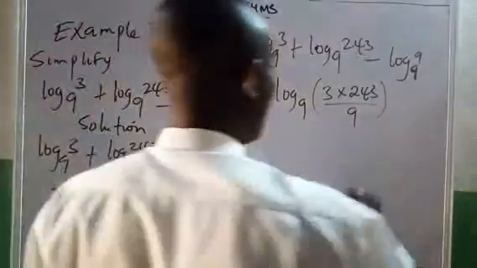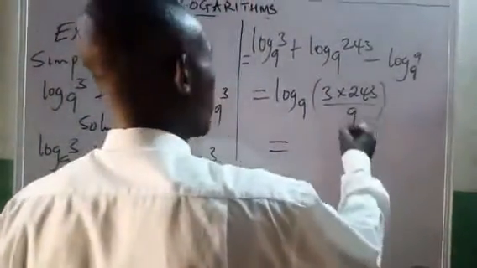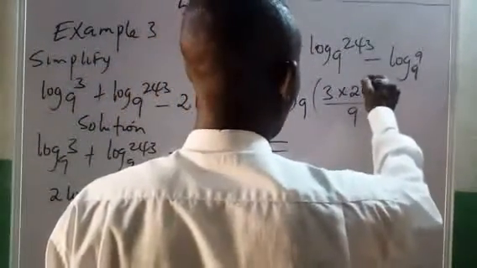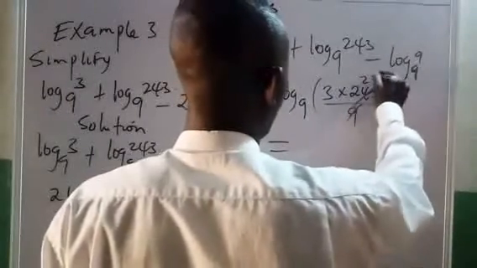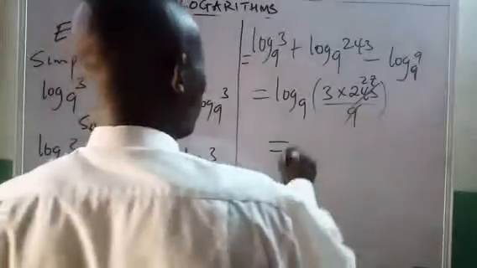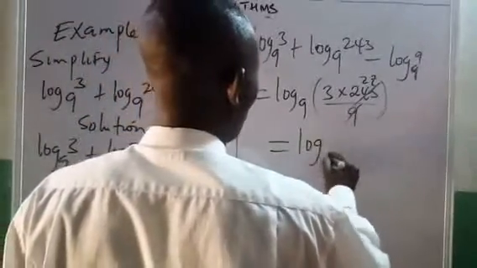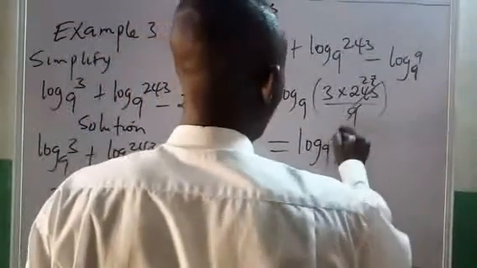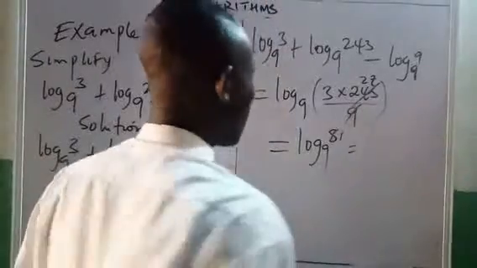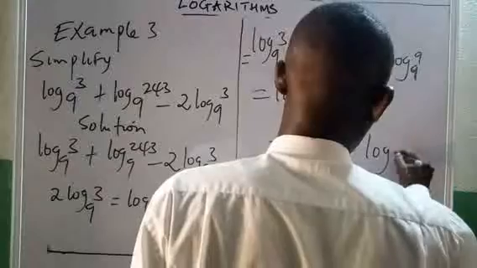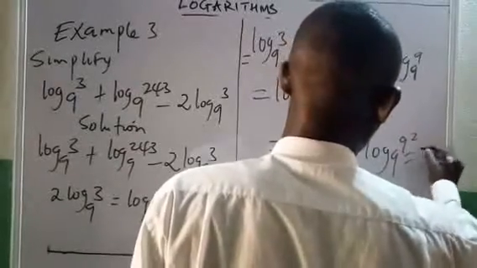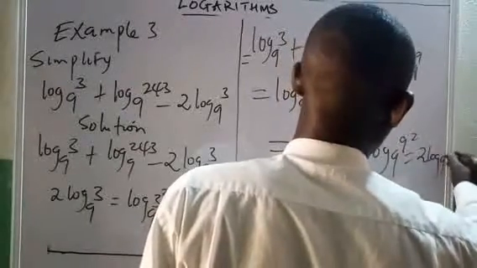So if we cancel this, 3 will cancel this, 9 cancel this will give you 27. So that would be log 9 of 81. And that is the same thing as log 9 of 9 raised to the power of 2, which is 2 log 9 base 9.